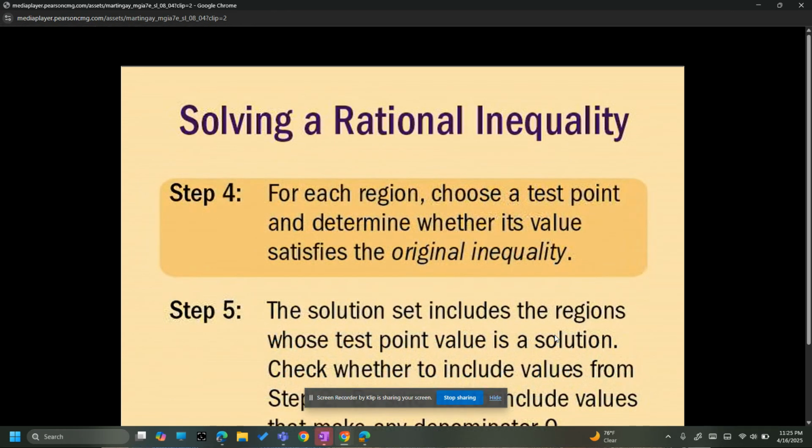Step 4, for each region, choose a test point and determine whether its value satisfies the original inequality. And then step 5, the solution set includes the regions whose test point value is a solution. Check whether to include values from step 2. Be sure not to include values that make any denominator 0.